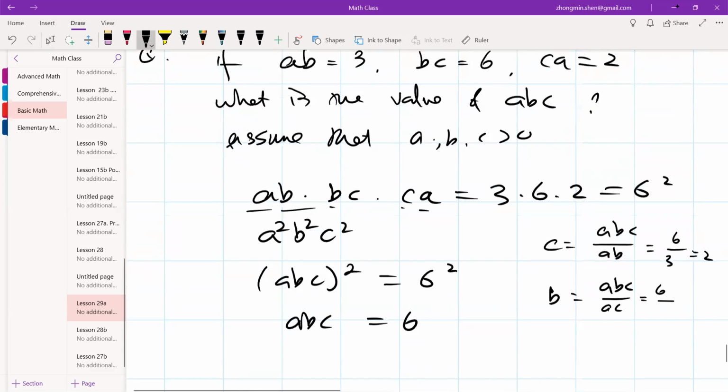So ABC 6, AC is 2, so the answer is 3. And A is ABC over BC. BC is 6 over 3... which is 1. So you can actually determine A, B, C later.